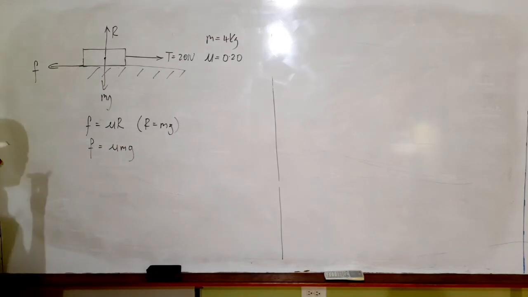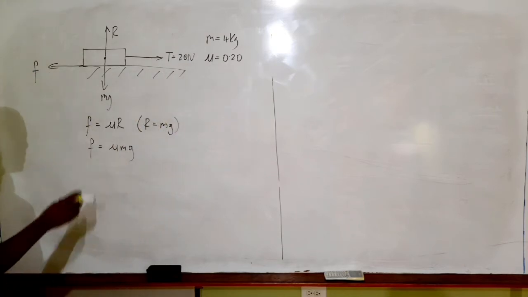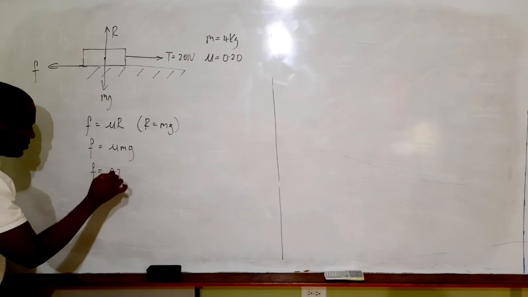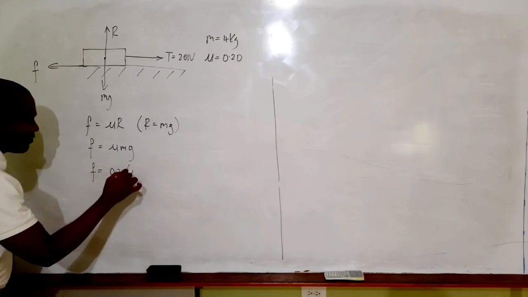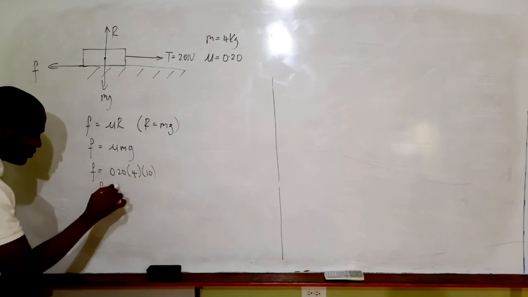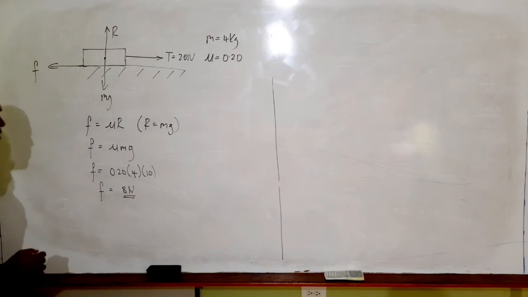Since we know mu and the mass, we can calculate the frictional force. F is equal to 0.2 times 4 times 10, so F is equal to 8 newtons.